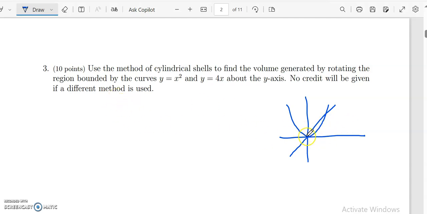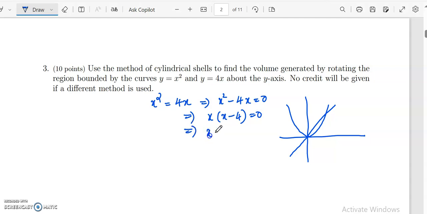Now let us find these points of intersection. So at the points of intersection, both the graphs must coincide. So we will get x square equal to 4x. So that will give x square minus 4x equal to 0, or x into (x minus 4) equal to 0.